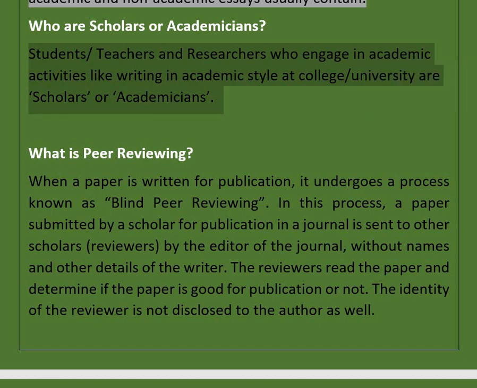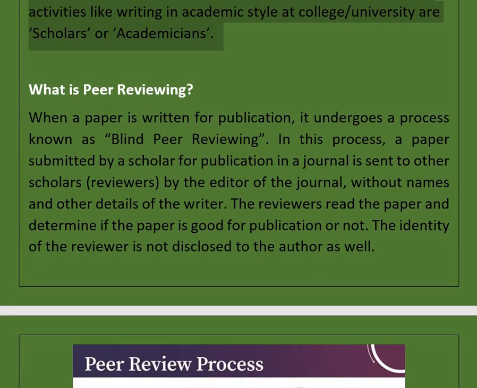So whoever it may be, whether students or teachers or researchers who engage in any academic activity, who write in academic style, who study at colleges or universities, are called scholars or academicians. Then peer reviewing.